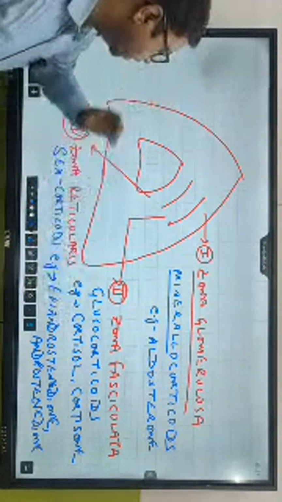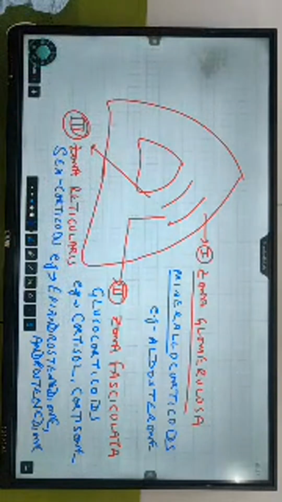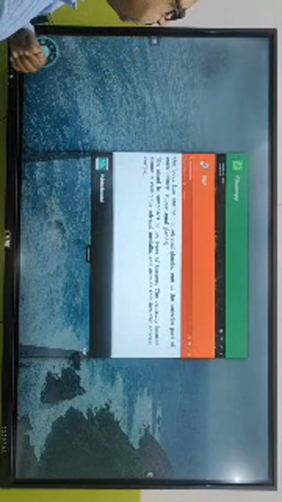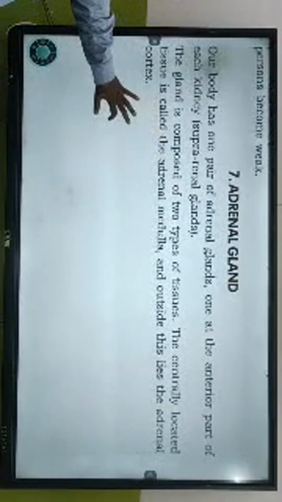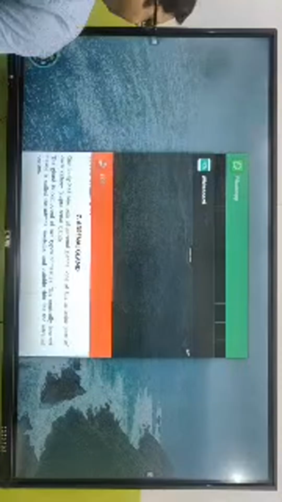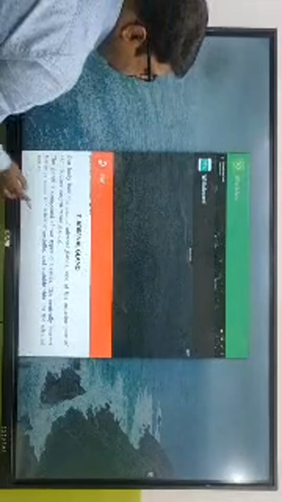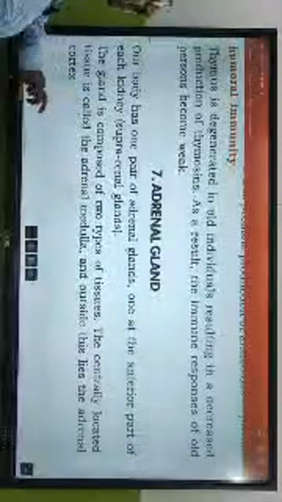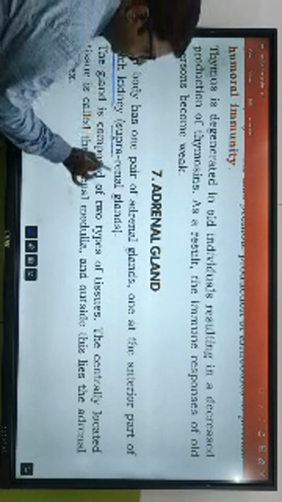Though this kind of information is not there in our book, NCERT, let's see what NCERT has got to say about it. Okay? Now, adrenal gland. Our body has one pair of adrenal gland, one at the anterior part of each kidney.